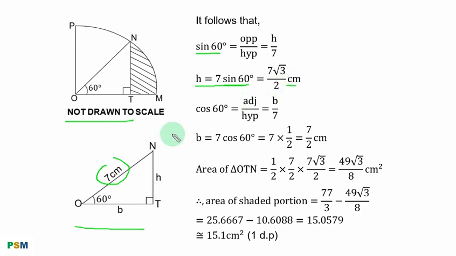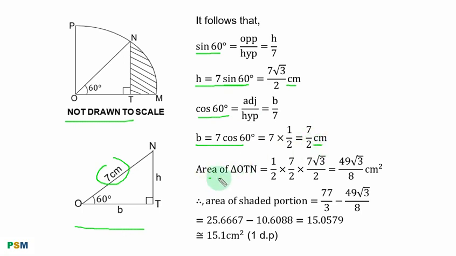To get the base, we use cosine. Cos 60 degrees equal to adjacent over hypotenuse, that is the base over 7. Multiplied through by 7 to clear fraction, you have this result. So you have 7 times 1/2, the value for cos 60 degrees, and you have 7/2 cm.